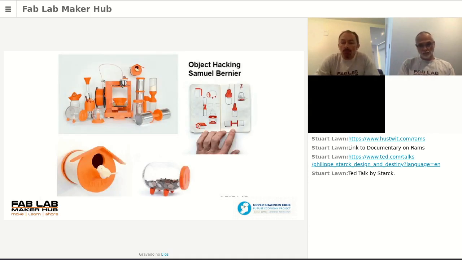which I suppose are involved in this next slide, with this notion of hacking. We've all heard of hacking from a computer point of view, but you can, of course, have the notion of object hacking. Again, I'm interested in that notion that you don't have to completely generate something from scratch. Why not take an existing item?